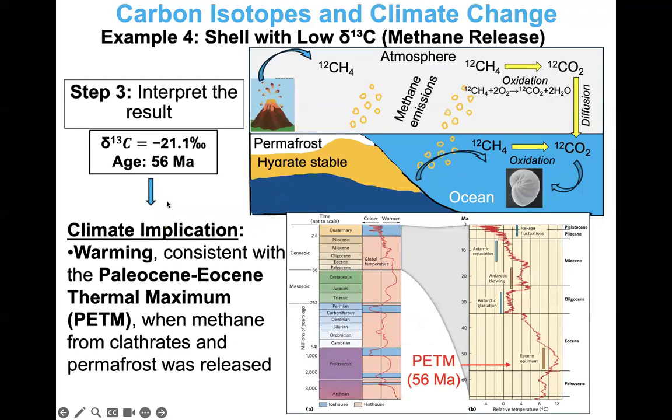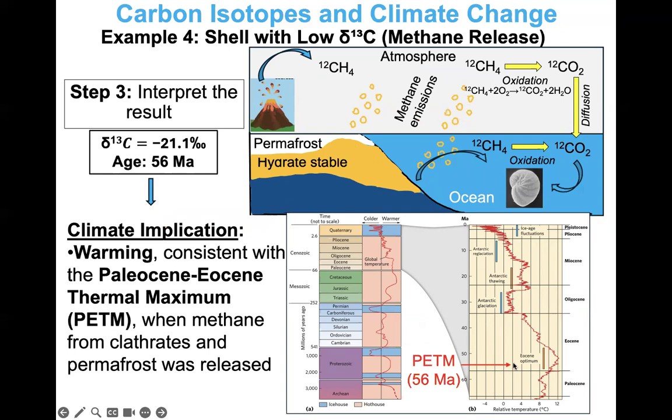And again, if you put this in context, this negative 21.1 means that we have this warming right here that took place. Why? Because CO2 is released by volcano, and also emission of CH4, which causes warming in the air. And you can see it here.